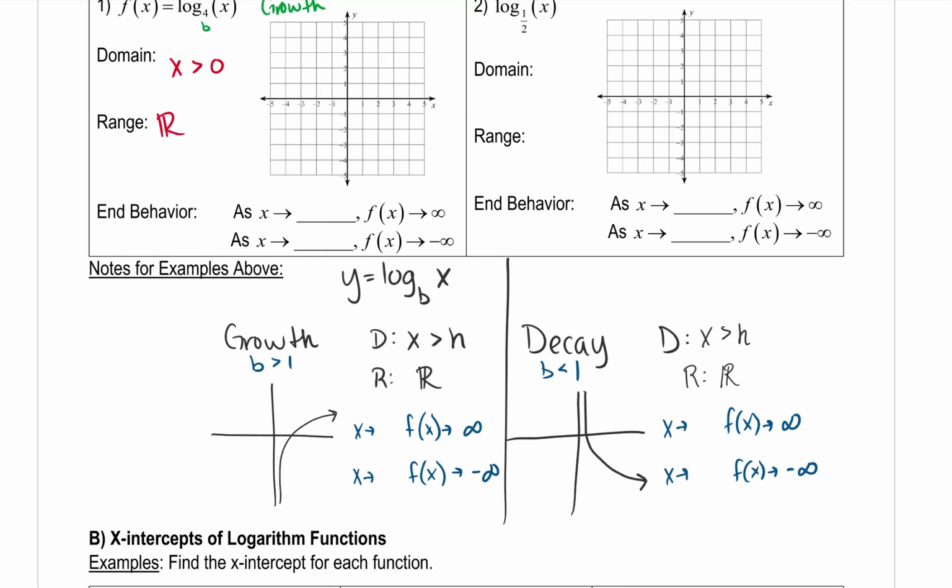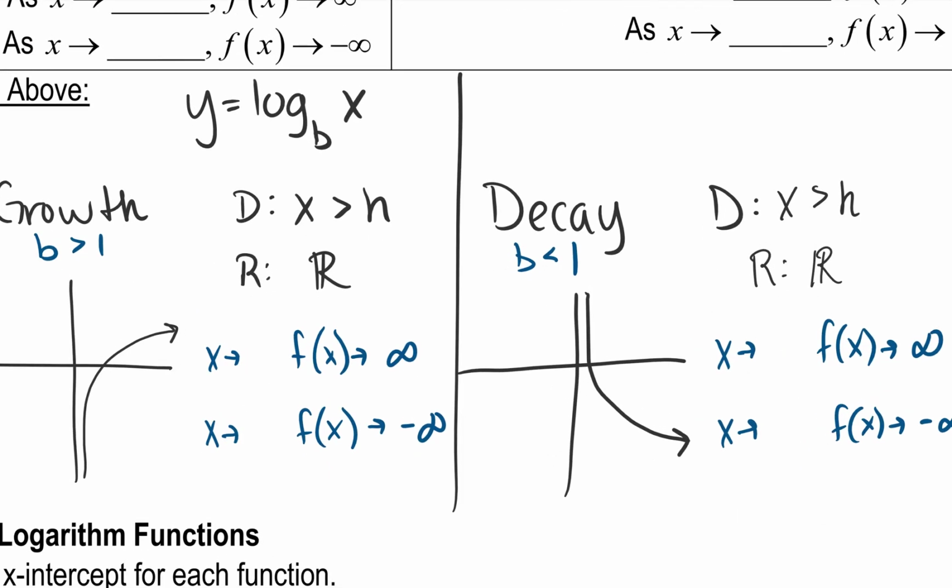So they're still in the same order as far as what goes first, what goes second. So this one is positive, and this one's h. And then decay, you flip them, I would have h and then positive infinity. Okay, totally my fault. But we fixed it now, so we can move on and get the right answer.